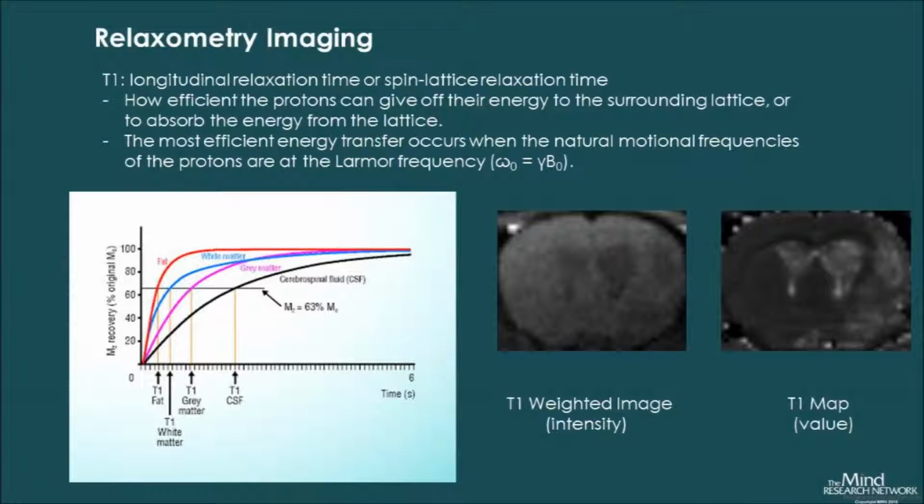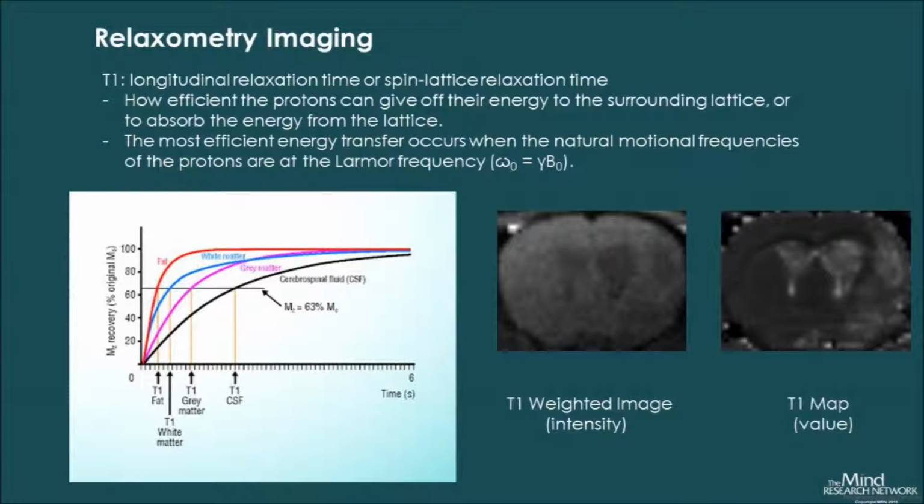Usually we have three kinds of tissue in the brain: white matter, gray matter, and CSF. We can see the white matter has the fastest recovery curve, and the CSF has the slowest recovery curve. Correspondingly, we can see the ventricle, which contains the CSF, has the lowest intensity. But on the contrary, the T1 value is the largest in the CSF.